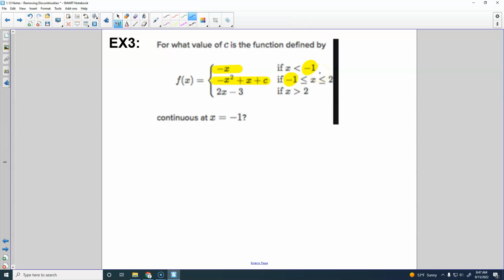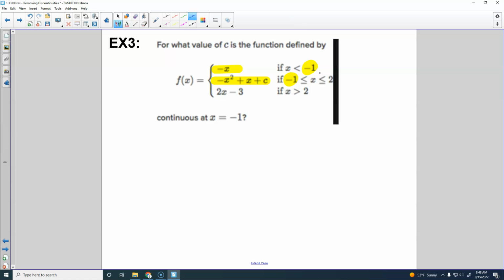So, if our function is continuous at negative 1, that means the limit from the left and the limit from the right have to equal each other, right, so that we have a limit. You also have to have f of negative 1 exist and equal that limit. What we have here is like an open circle, closed circle situation.